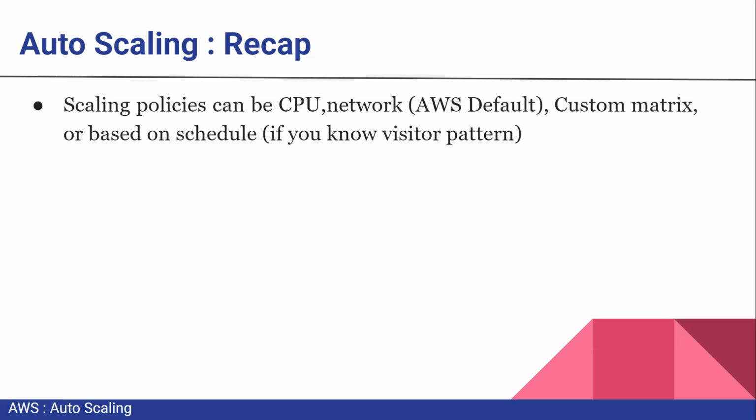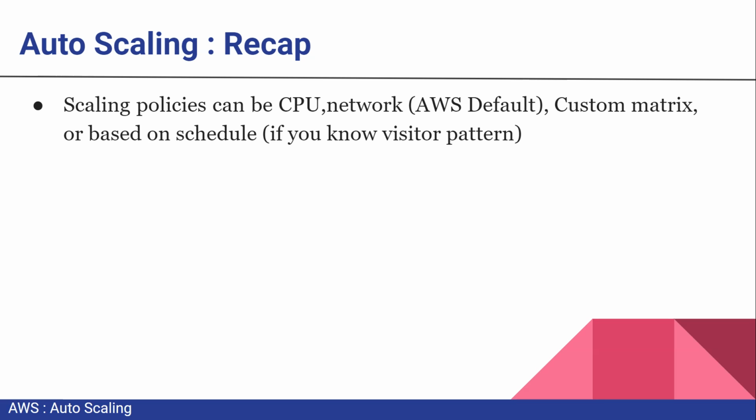For example, if your website has a certain load at a specific time, you can even create that custom metric. So that really makes it one of the cool features of the ASG.